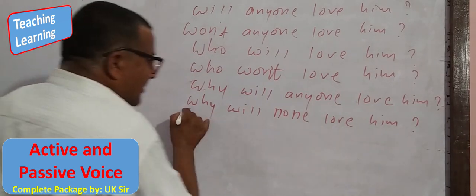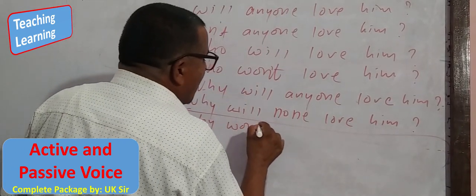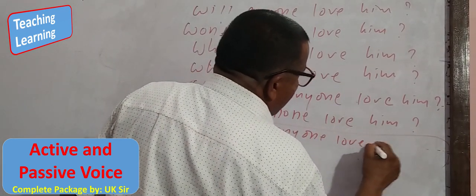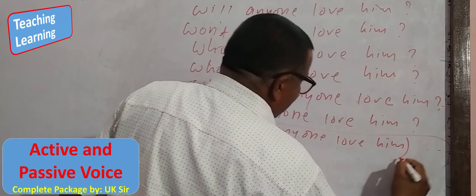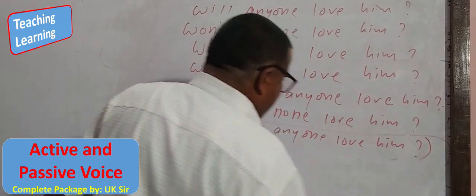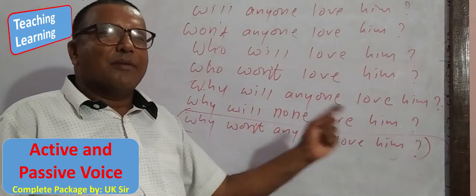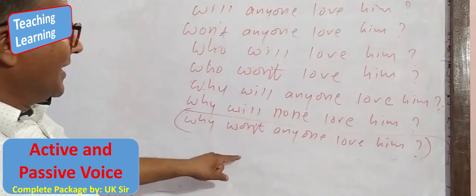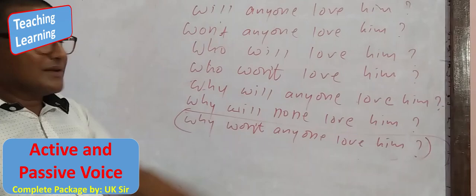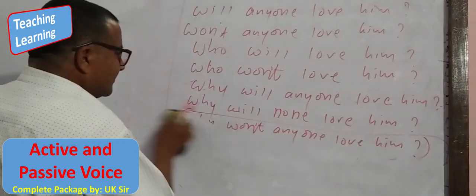According to the grammar, we can use why won't anyone love him. This is also correct, but we can use none also directly in negatives because I taught you the negative rules. They are in the active voice. In passive voice, please let's see.